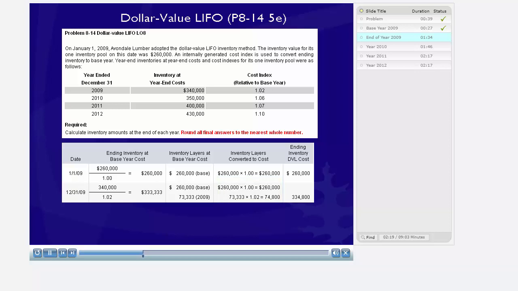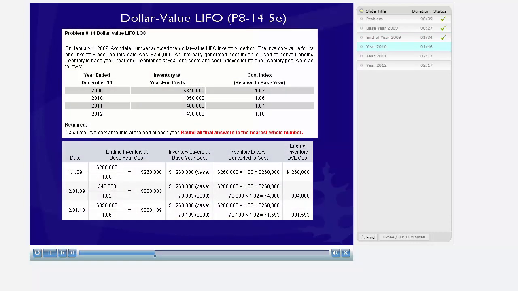When we add the $260,000 inventory layer converted to cost for the base year to the $74,800 new inventory layer we converted for what we added in 2009, we come up with ending inventory at a dollar value layer cost equal to $334,800.